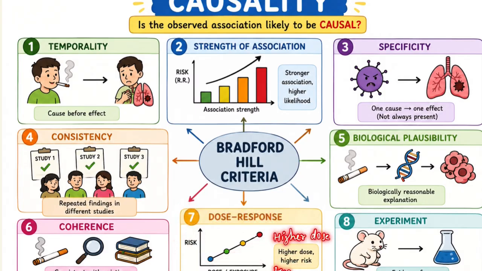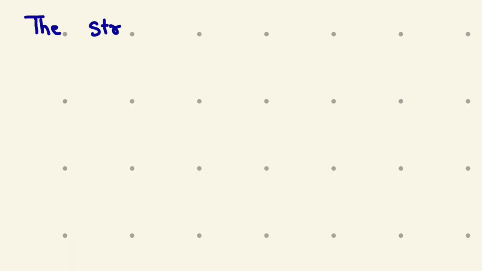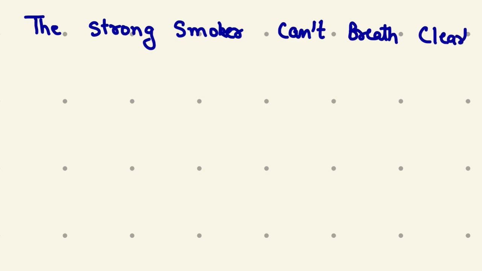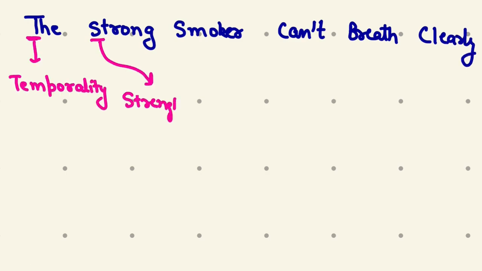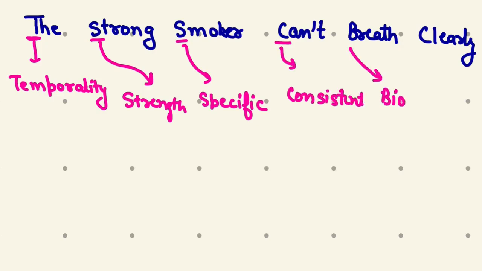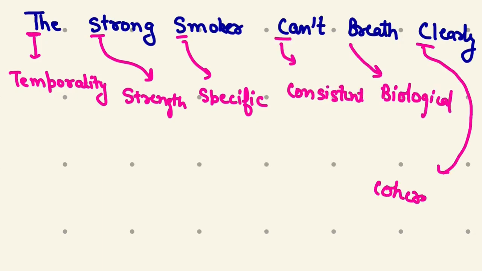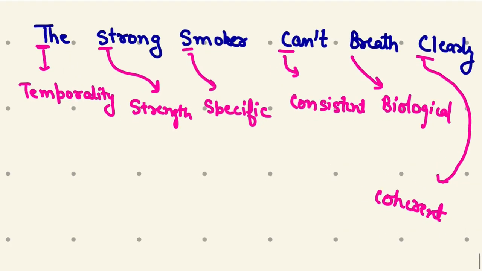Eighth one involves the experiment. So there should be experimental evidence for that particular risk factor. तो इसका निमोनिक हो सकता है, the strong smoker can't breathe clearly. T से temporality, S से strength, then S से specificity, then consistency, then comes biological plausibility, और C से coherent.